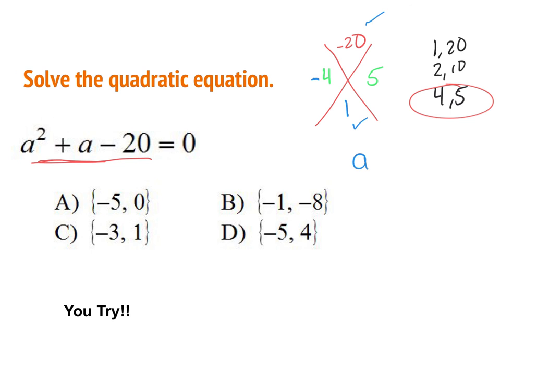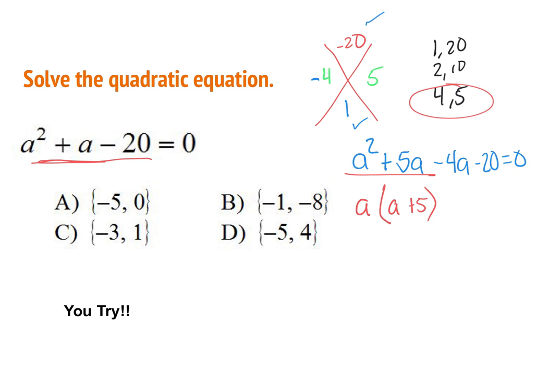I'm going to rewrite my polynomial. So a squared plus 5a minus 4a, negative 20 stays the same. Factor by grouping. I have an a left over. So a plus 5.